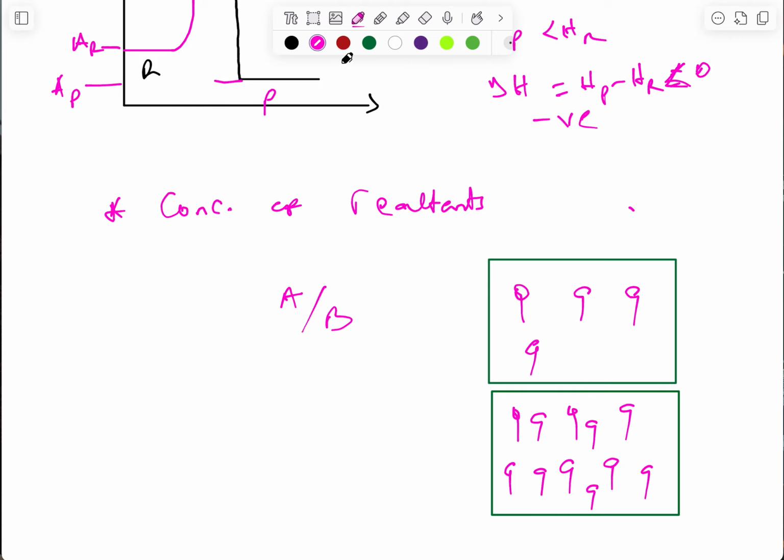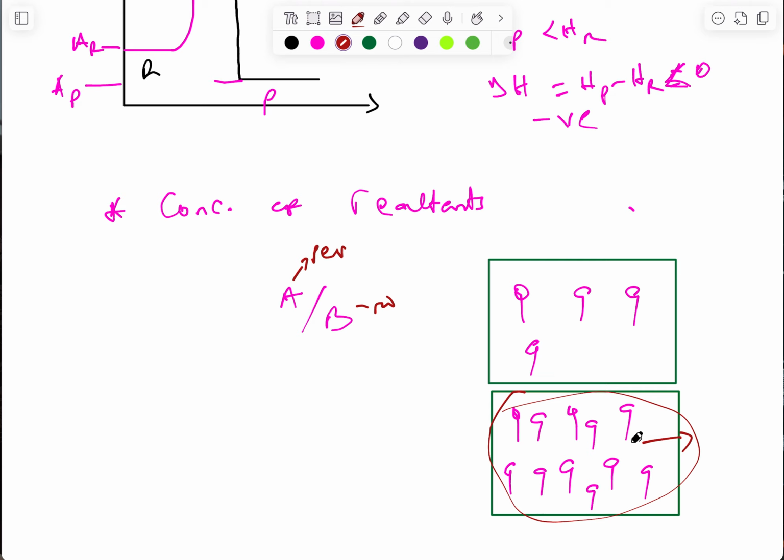The one down here seems to be more populated than the one here. So what has happened here is that you are considering concentration of A, the people, in B, the room. This one is more concentrated than the other, so therefore you have a higher concentration for this.